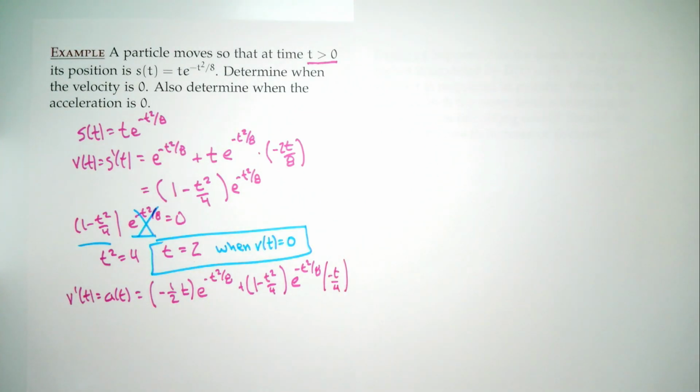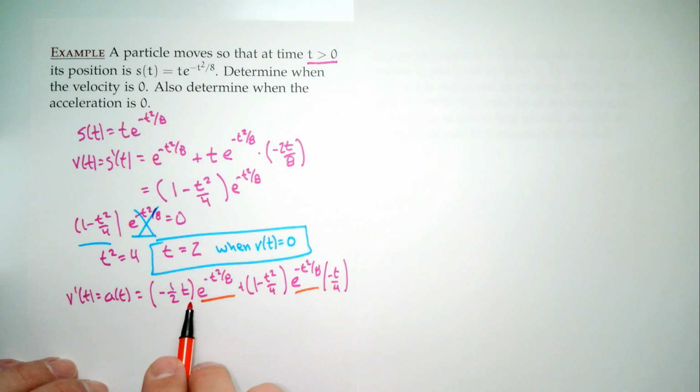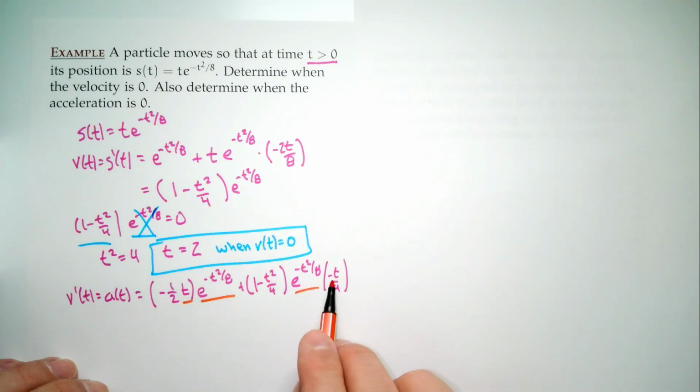All right. Well, let's pull out some common things. What are some things that both terms have? They both have e to the negative t squared over 8. So that's a common thing, and I can pull that out. Is there anything else that's common? They actually both have a t.